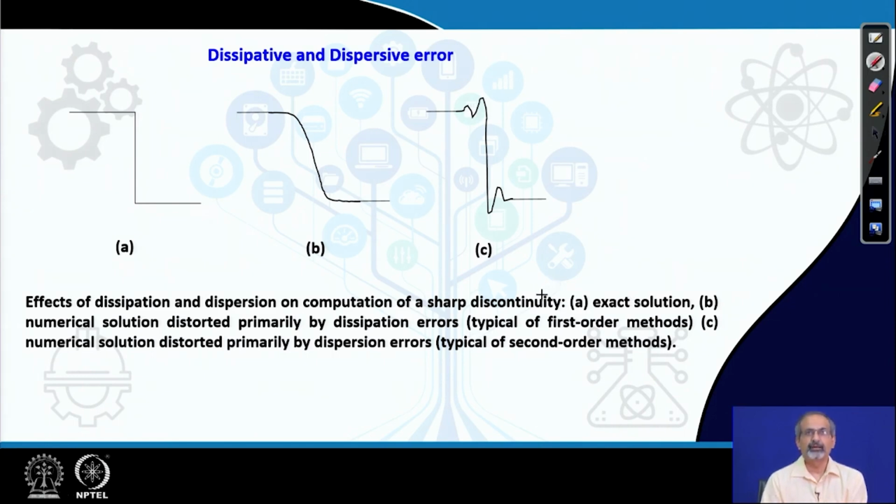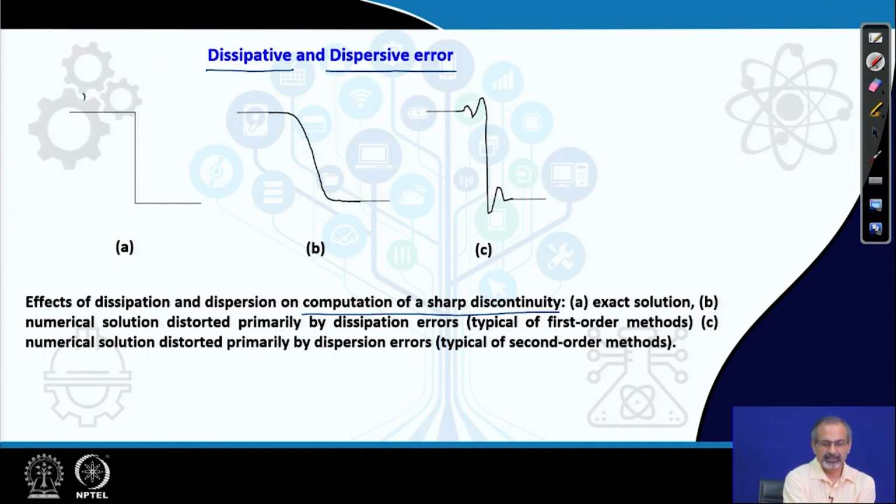We are also taking a look at error from another angle, which is called either dissipative error or dispersive error. Let us say we are looking at computation of propagation of a sharp discontinuity through a one dimensional domain.